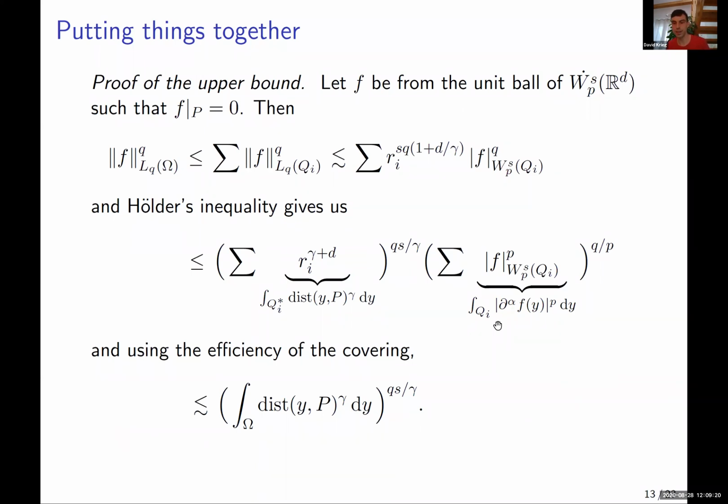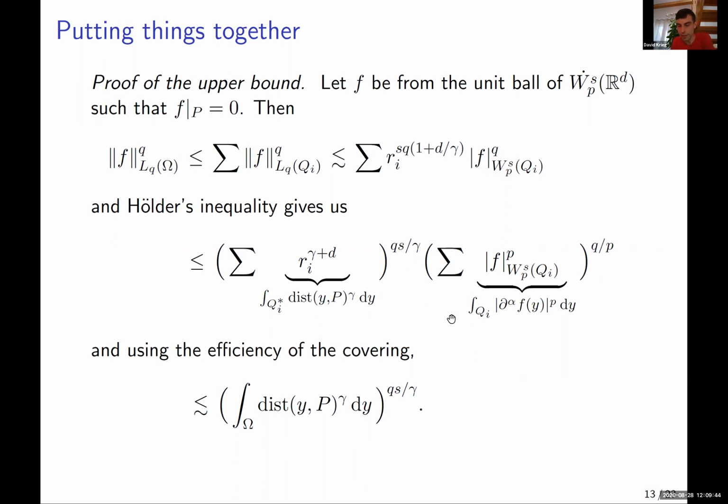And the integral over the whole domain is bounded by 1 because we are in the unit ball of the space, times the constant 2 to the d from the efficiency of the covering. But we are not interested in constants, at least not in this talk.